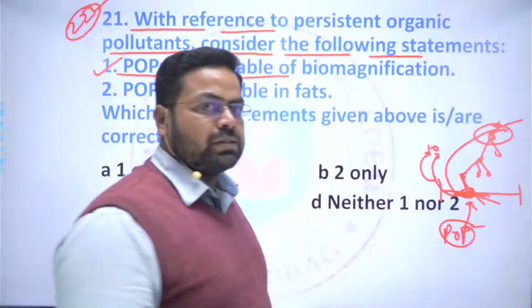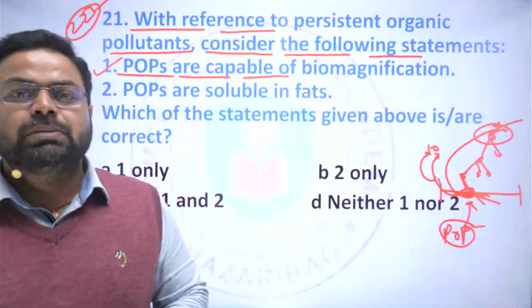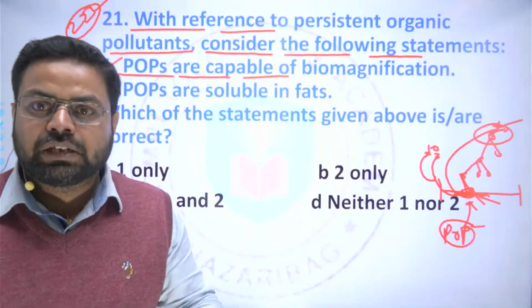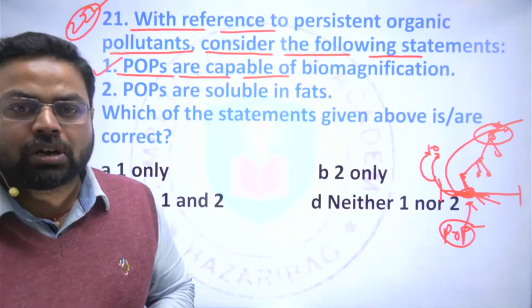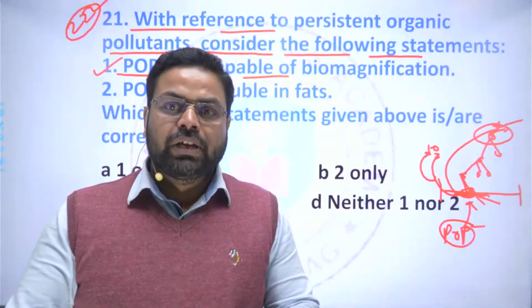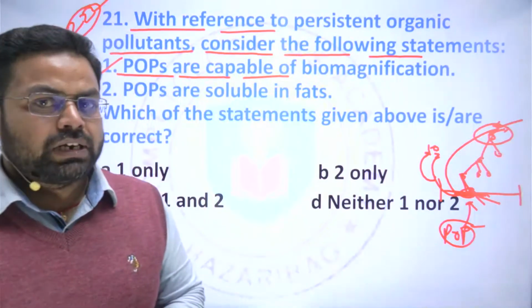But it is not that only 10% of the POPs will be transferred to that organism. When they eat a greater number of lower order animals, collectively all the POPs that were in their body will end up in the body of the higher order animal.